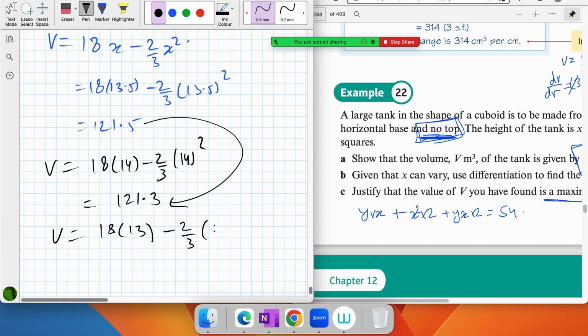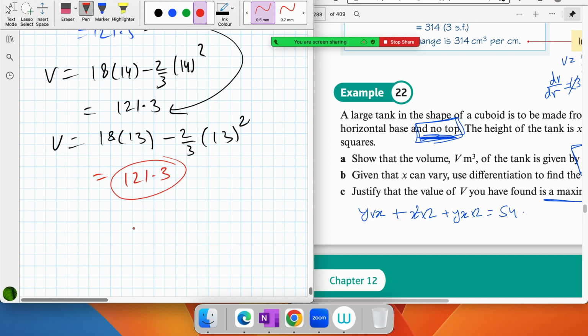Only then will we be able to prove that this is our maximum value. With 13, it gives 121.3 again. So it is maximum when x is 13.5, which gives 121.5. Other than that, the value is coming down.